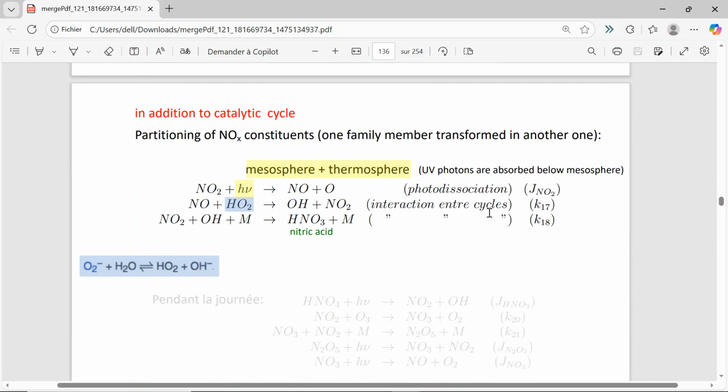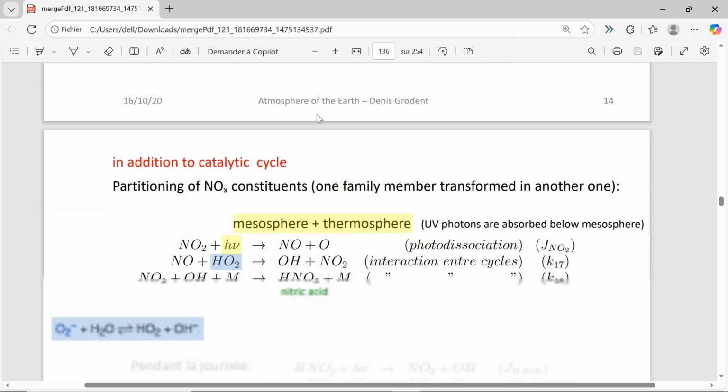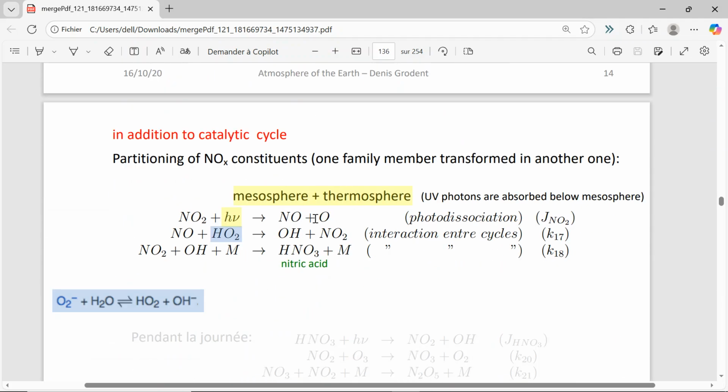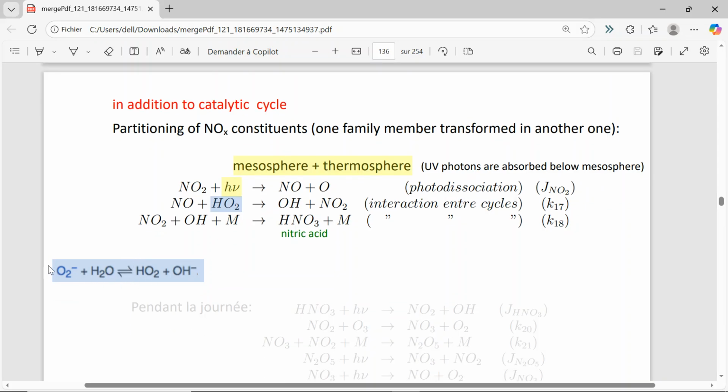In addition to this catalytic cycle, we have the partitioning of NOx constituents into what we call reservoirs. So the NO2 produced right here can be photodissociated into NO that will react itself with some HO2. HO2 can be formed, for example, with the reaction of O2 minus and water, which is a greenhouse gas available in the lower atmosphere.